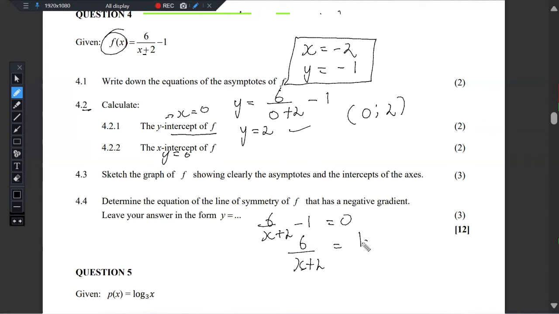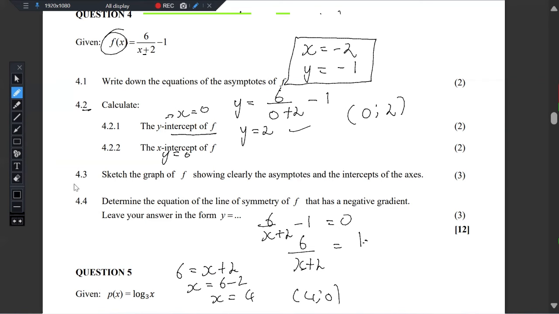Now you cross multiply, and this becomes 6 is equal to x plus 2, because it's just multiplied by 1. Any expression multiplied by 1 will remain like that. Now, if we take the 2 over here, this becomes 6 minus 2, and then x is equal to 4. So we have this as (4; 0) if we have to write it in coordinates. Right, so now you have the x-intercept and the y-intercept, and also the equations of the asymptotes.